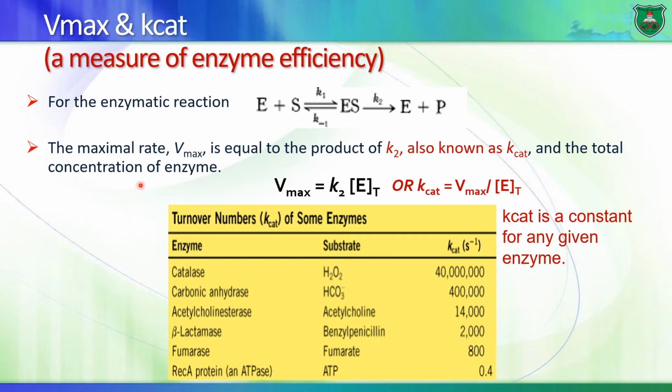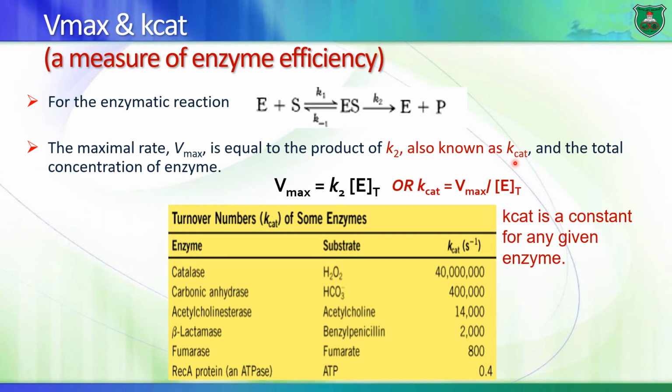Now, the maximal rate is equal to the product of K2. And K2 is also known as Kcat, or the catalytic constant of an enzyme, because each enzyme has its own efficiency, right? Catalytic efficiency.